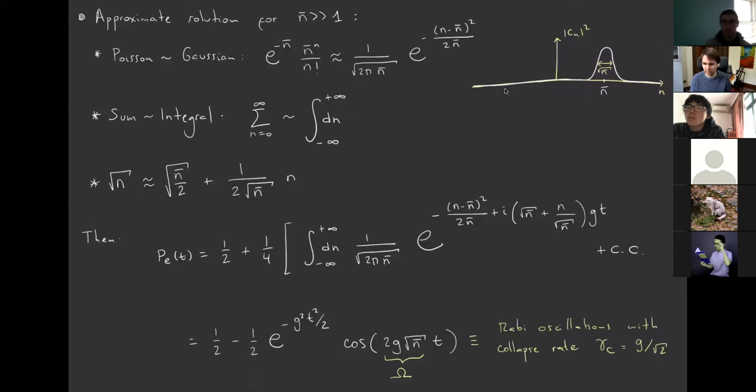It will just stay at 1/2. So the revivals in particular need to come from somewhere else. And that's the physical explanation that I want to give you now and finish with: the physical explanation for the collapses and revivals.